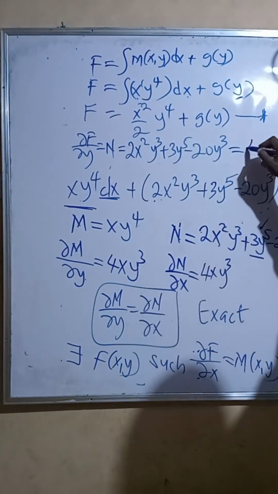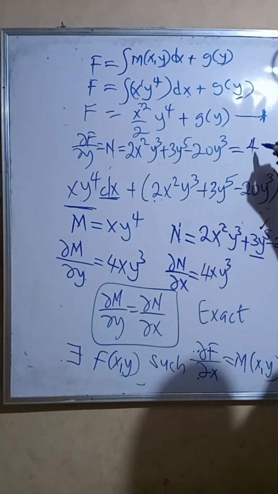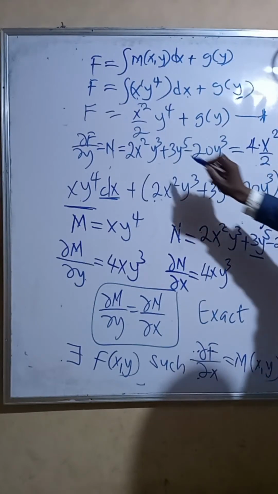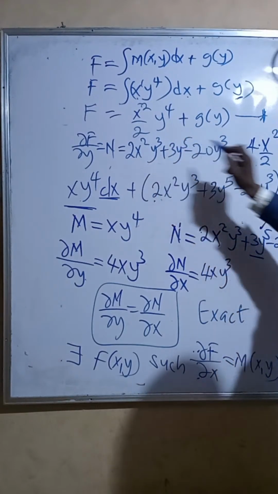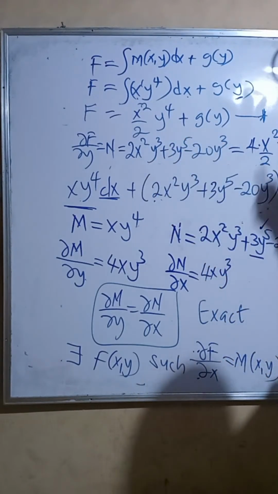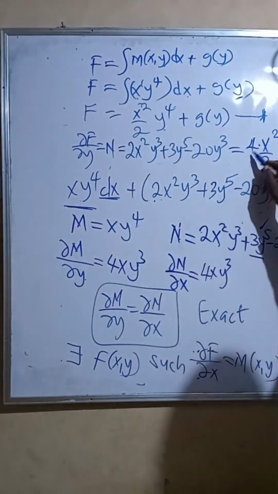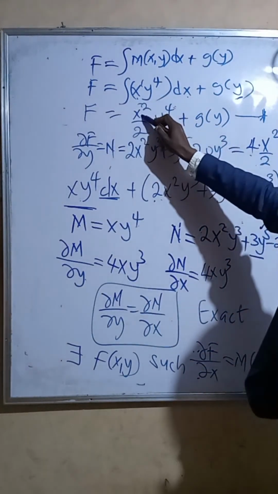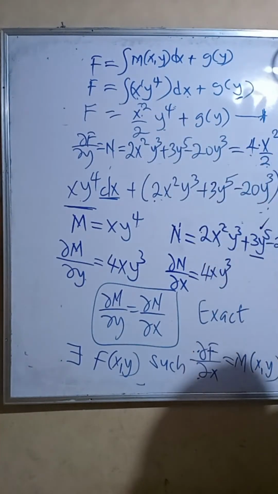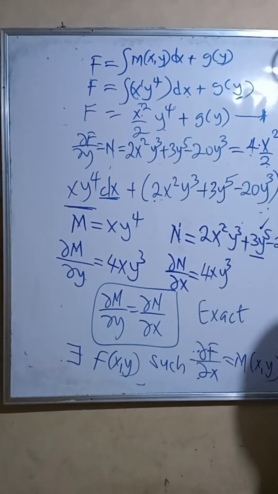I'm going to have 4 times x squared over 2, then y to the power 3. I'm only differentiating y to the power 4, and the 4 goes to the front. The x squared over 2 is a constant, so times this.